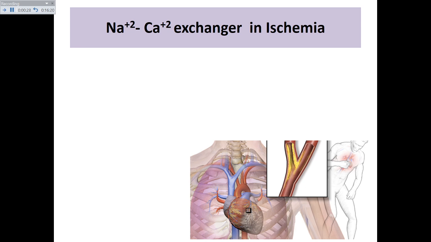When there is no ATP or less ATP, the sodium potassium ATPase cannot work normally, its activity decreases. So there will be an increase in the sodium inside, and the cell depolarizes. When sodium inside increases, there will be a change in the direction, or reversal, of the sodium calcium exchanger.